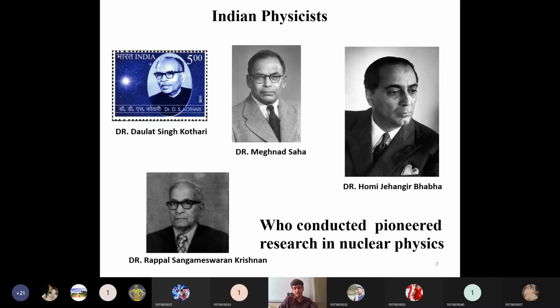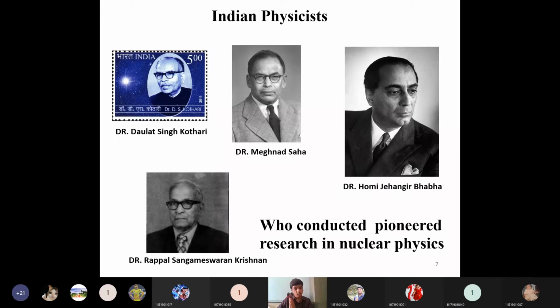You might be aware, whenever you are learning physics, okay, your physics course, your sir may be telling you about Meghnad Saha, the Saha Institute of Nuclear Physics, which is there in Calcutta, which is named after this person only, Dr. Meghnad Saha. He is also one of the pioneer members to conduct research in nuclear physics.